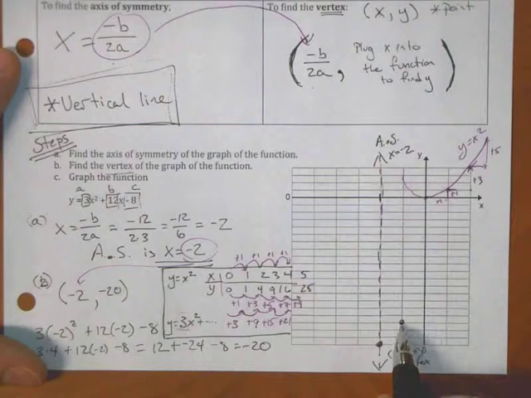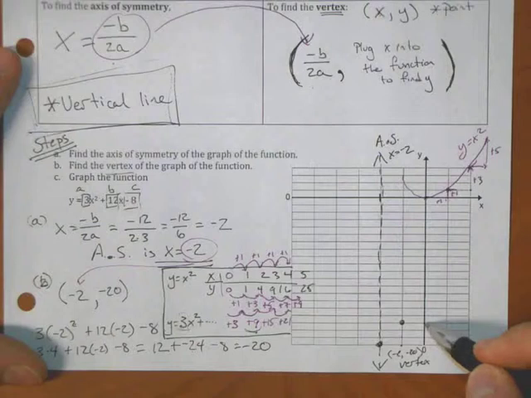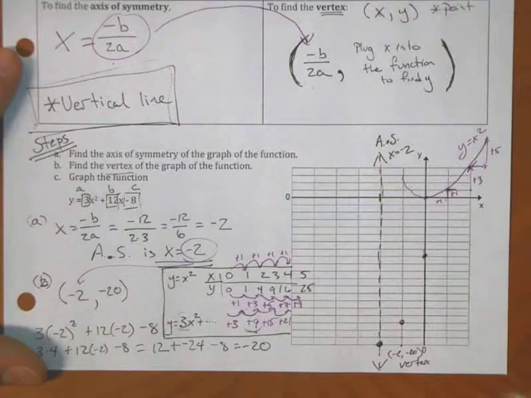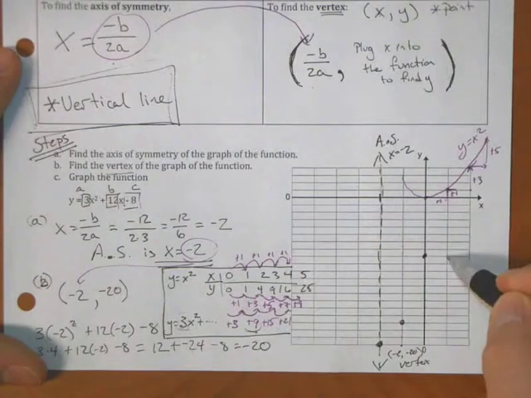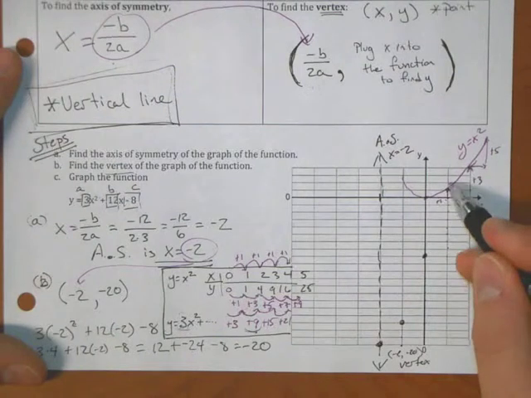So it's like rise over run. The next time I'm going to go over 1, I'm going to go up 9. As x goes up, the next one, it's going to go up by 15.